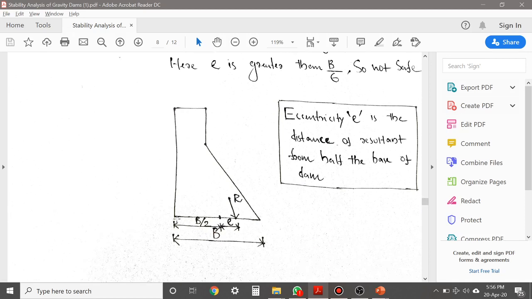You see, this is the entire base width of the dam denoted by capital B. If you take half the base width, this distance will be B by 2. Suppose the resultant of all the forces is acting here. See, capital R is the resultant of all the forces. Then this distance is denoted by eccentricity E.